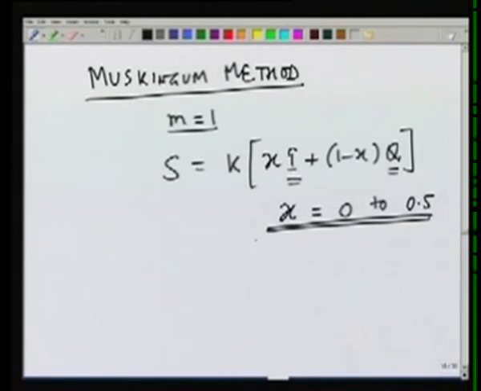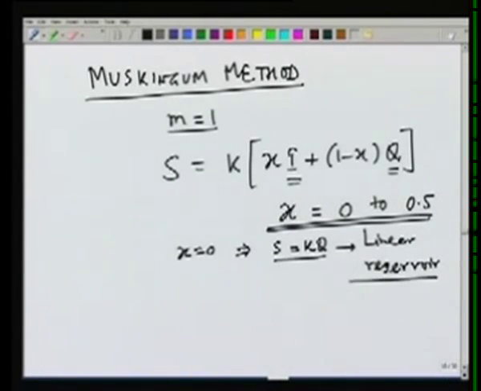So if we put x equal to 0, then we get S equal to KQ, which is known as a linear reservoir. And this is used sometimes in developing the instantaneous unit hydrographs, which we have talked about already. But typically an x value less than 0.5 will be used for the Muskingum method, about 0.3 or 0.4 we can use.